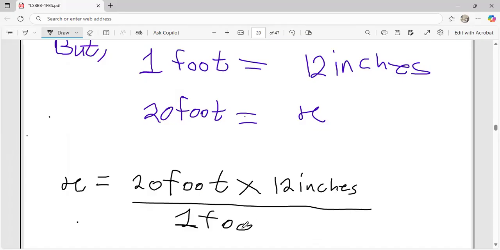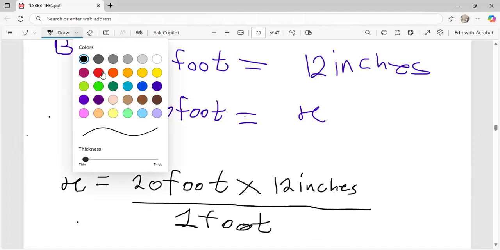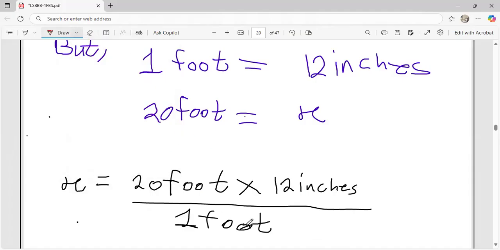Okay. So from here, what do we do next? We just have to let foot cancel foot. So we multiply the 20 times the 12. And 20 times 12, what is that going to give? It's going to give you 240.